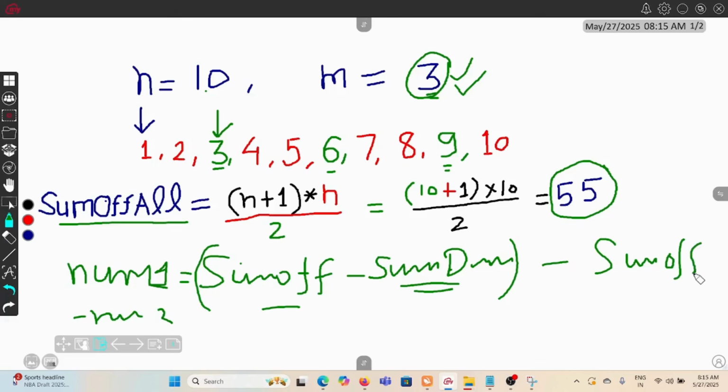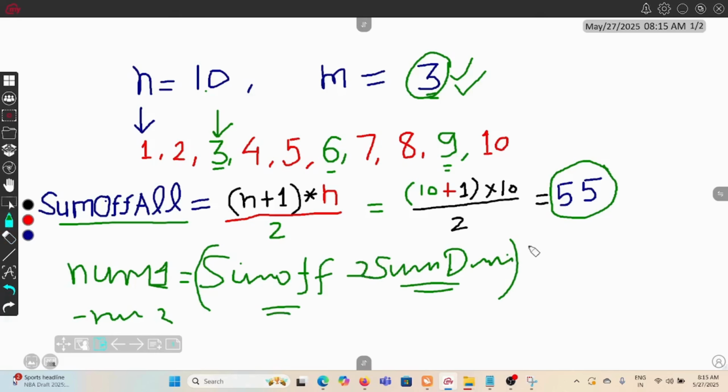So this would be 2 times this value. So if I remove this, we can just say its value would be the sum of all numbers minus 2 into the sum of all divisible. So it would be 2 times like this.